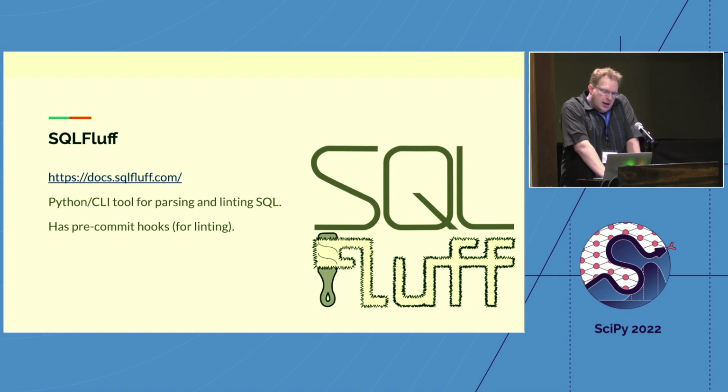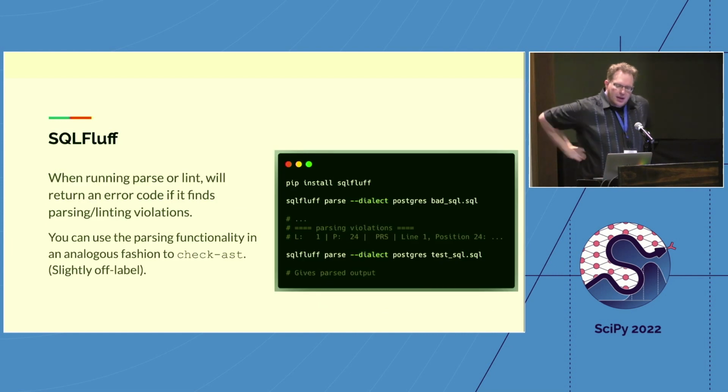Related to linting, there's a great library called SQLFluff. Another tool you can install via pip, it handles parsing and linting SQL. And it has a pre-commit hook for linting. If you run this as parse or lint, it will return an error if it finds parsing or linting violations. And so I have personally found this to be very analogous to check-ast.